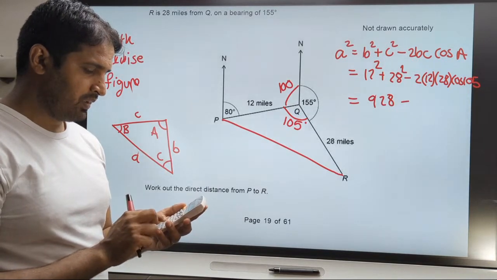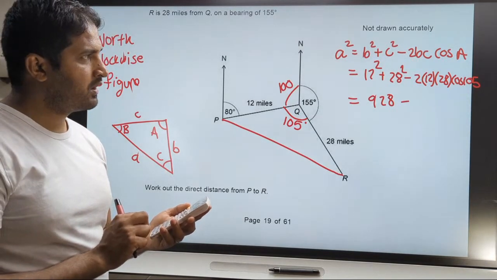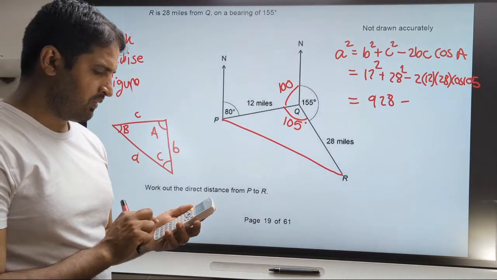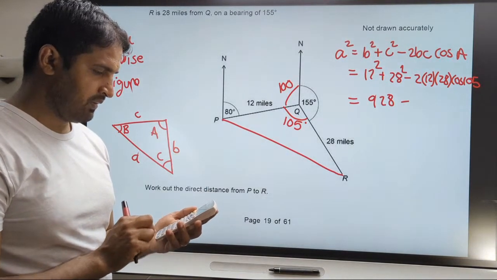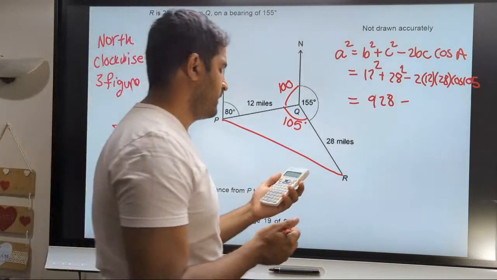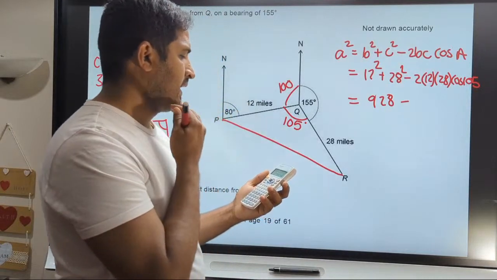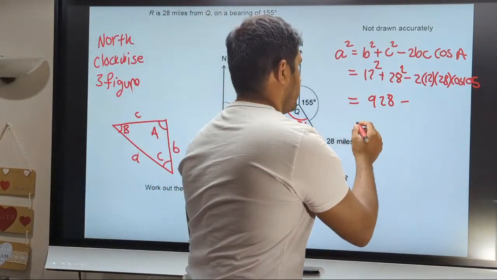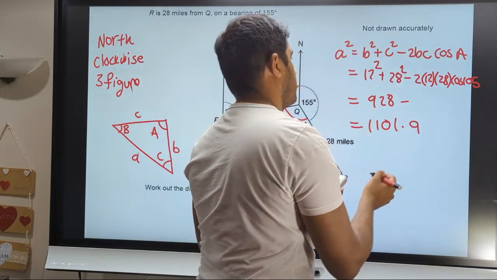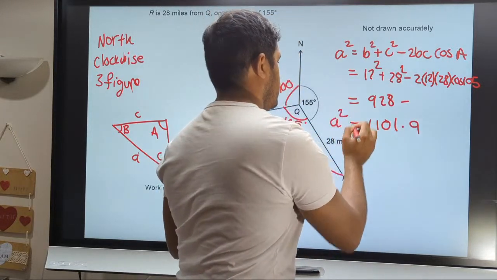I'm going to close the brackets and then multiply by cos of 105. So I get 1,101. So a squared is equal to that.